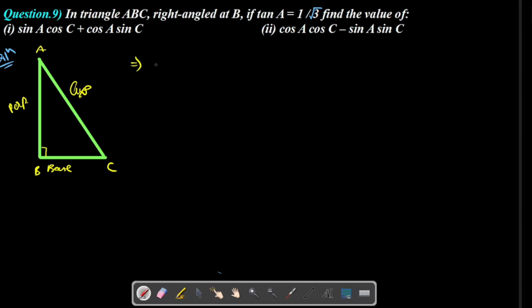We have already discussed a lot of questions like that. Tan A is equal to 1 upon root 3, but we also know that tan A is equal to perpendicular for A upon base for A, right?